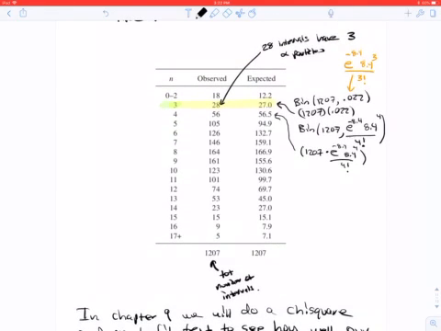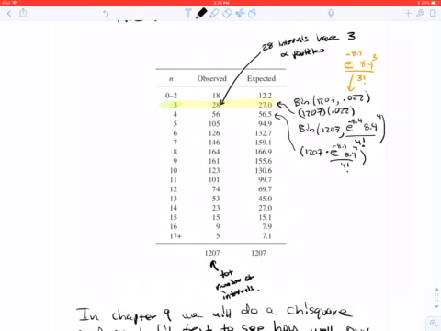So, for example, here we have the total number of intervals, 1,207, and we observe, let's say, 28 of those intervals have 3 arrivals, but we expect 27 because 27 is 1,207 times 0.022.